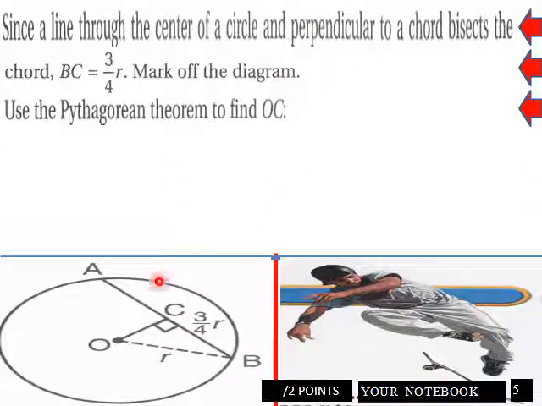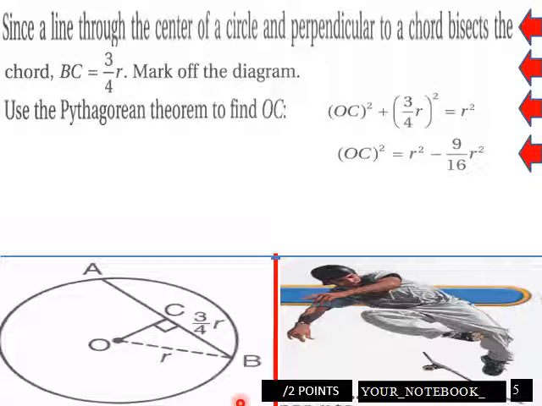Mark off the diagram. Use the Pythagorean theorem to find OC. We're going to find this in relation to r. OC squared plus (3/4 r) squared equals r squared. OC squared equals r squared minus 9/16 r squared.